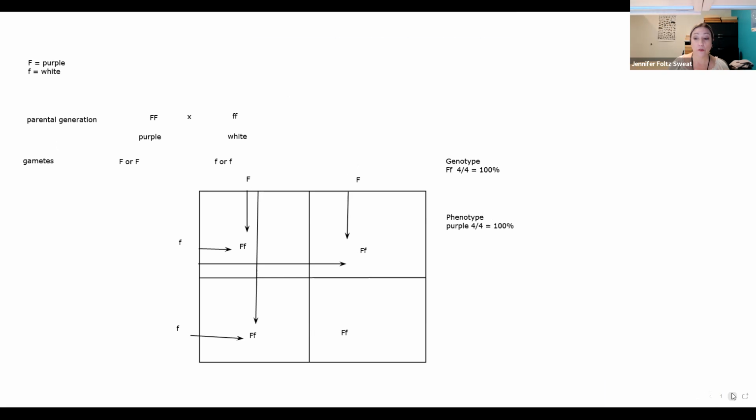So if you're breeding those F1s together, you're going to be big F, little f times big F, little f. So now let's look at our gametes. From this plant, the gametes can have a big F or a little f. From this second plant, it can have gametes that are big F or little f.